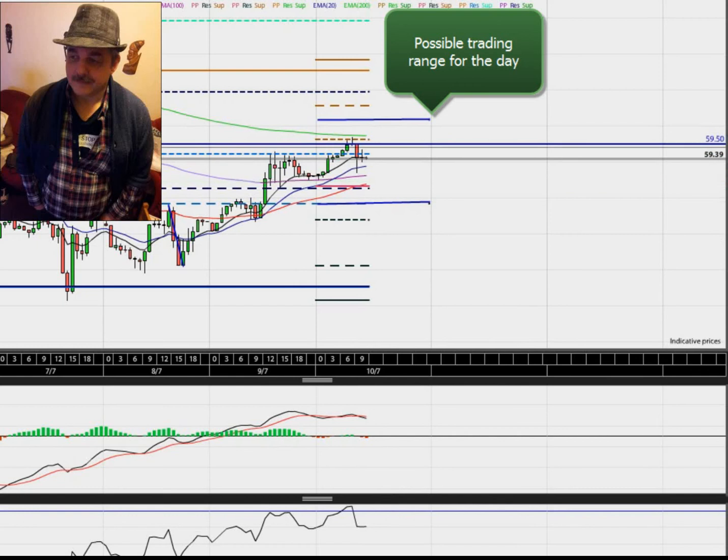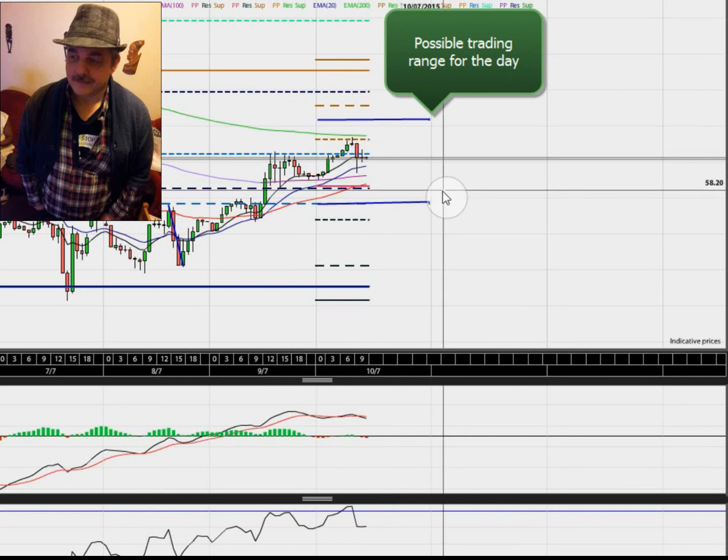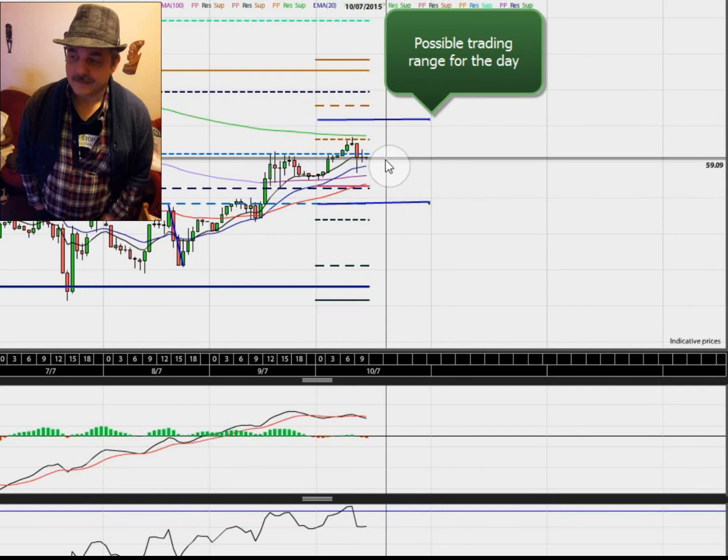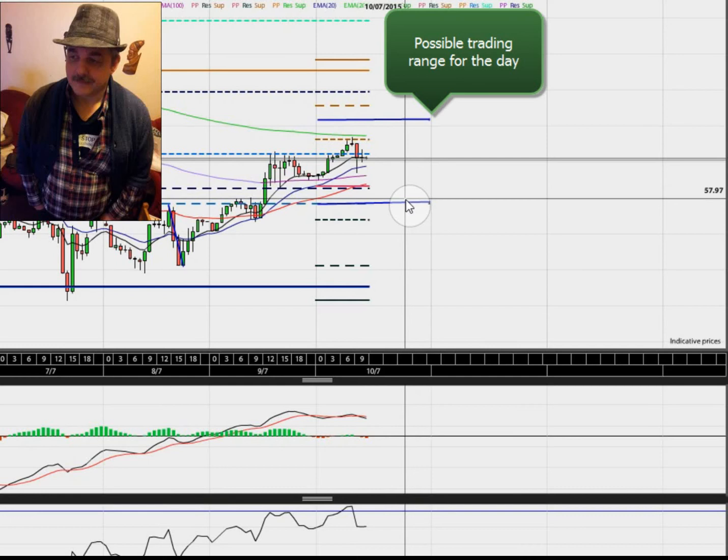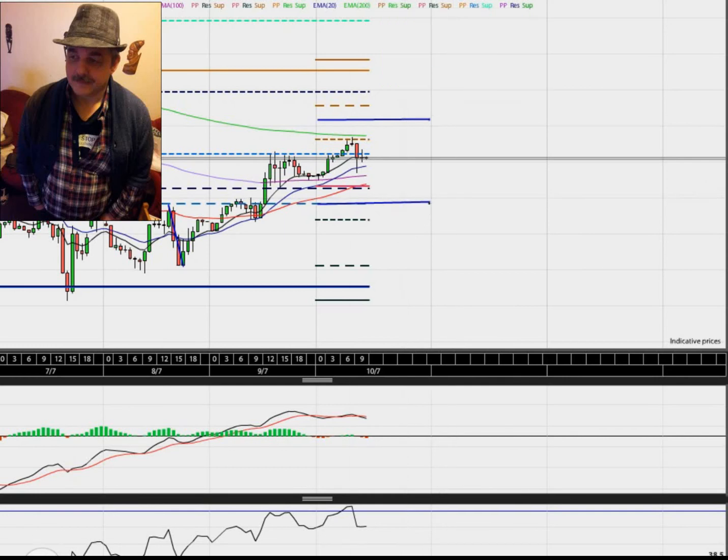And what I've been doing here as I'm talking is drawing in the daily range, which I discuss further in courses that I run. It's a higher probability range for the day that I've drawn in there with those two blue lines.